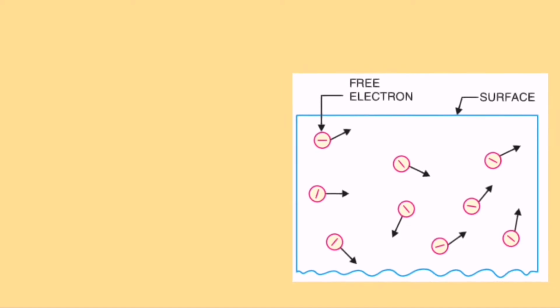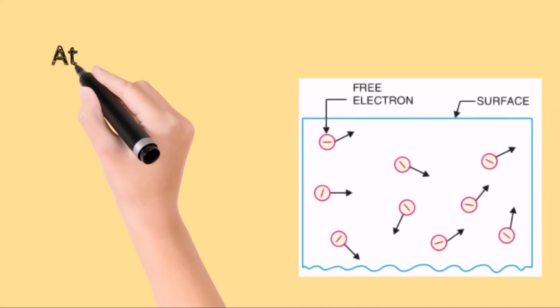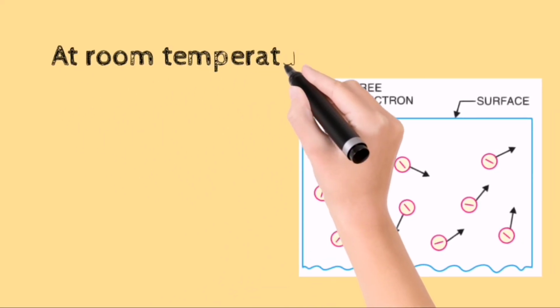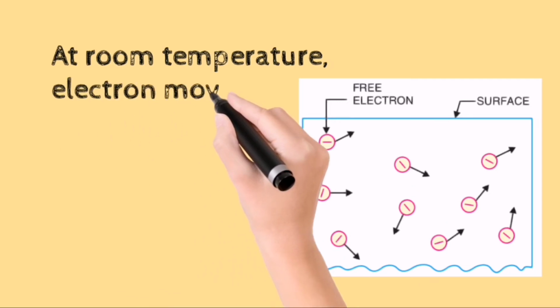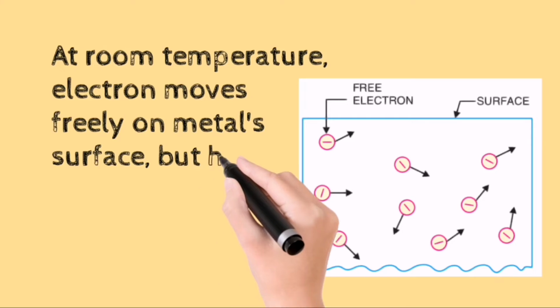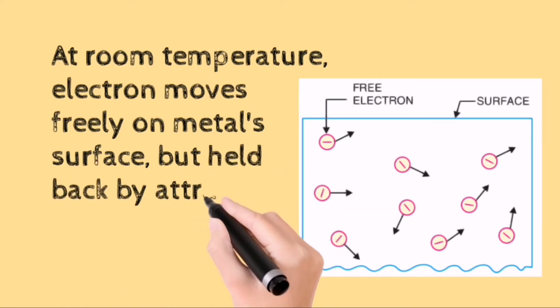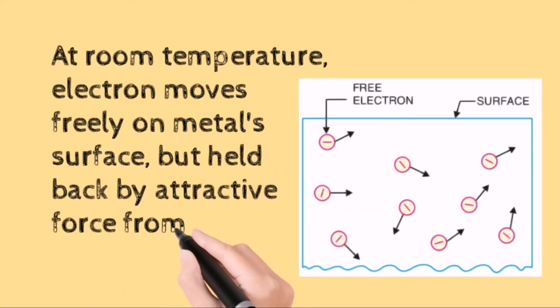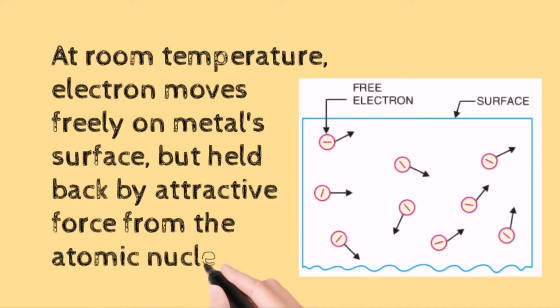Okay, now let's take a look at this picture. It shows the condition of electrons at room temperature. So what happens at room temperature? These electrons move freely on the metal surface, but they are held back by an attractive force from the atomic nucleus.